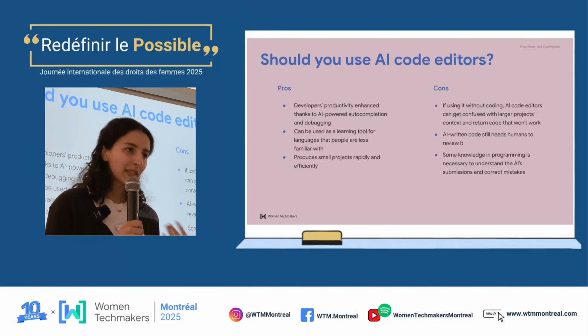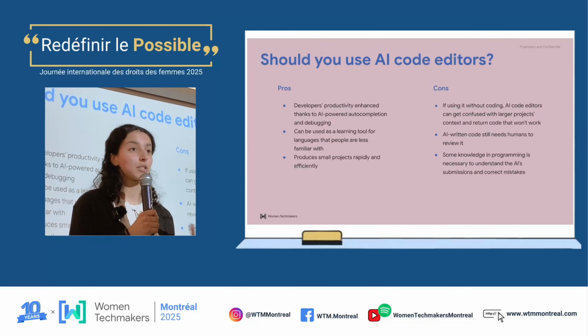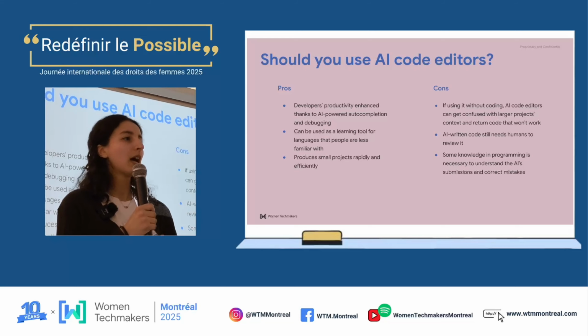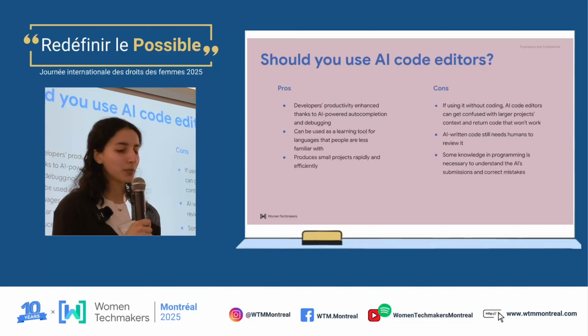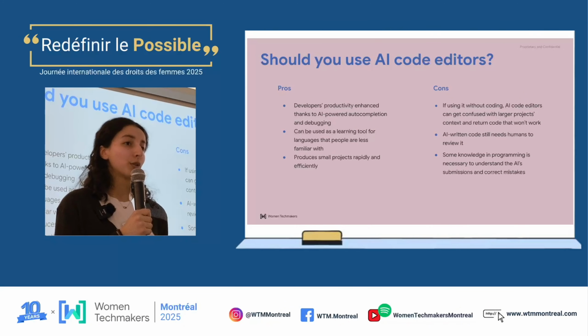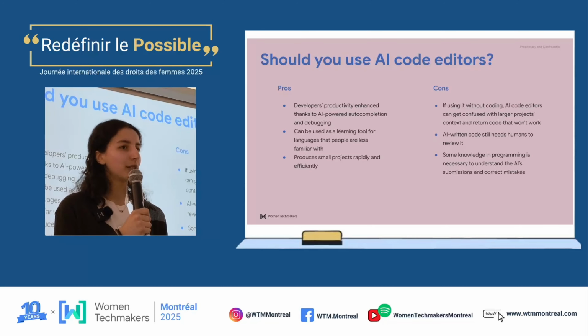So that's why it's important that when you use tools like Cursor, and I feel especially if you're a developer and you're familiar with how coding works, you review the code. Like I said, AI is great, but it's not perfect. We're still working on making it more accurate, but for now, we still need to double check the results so that we're not ending up with something non-functional or including errors in our projects.